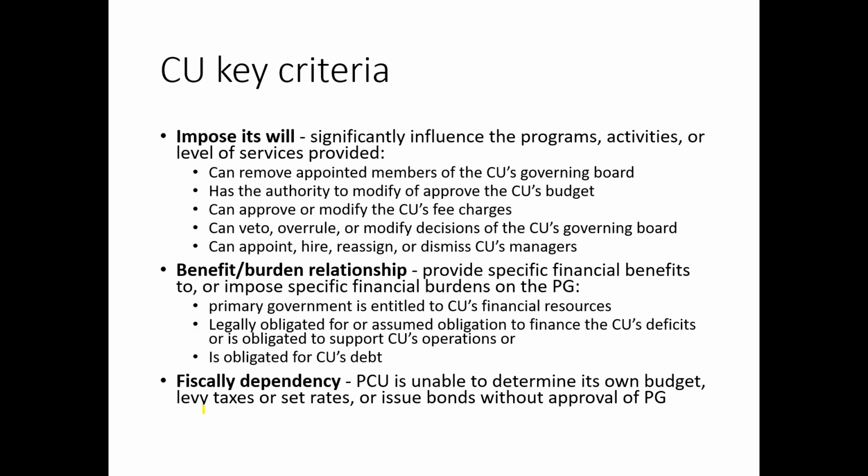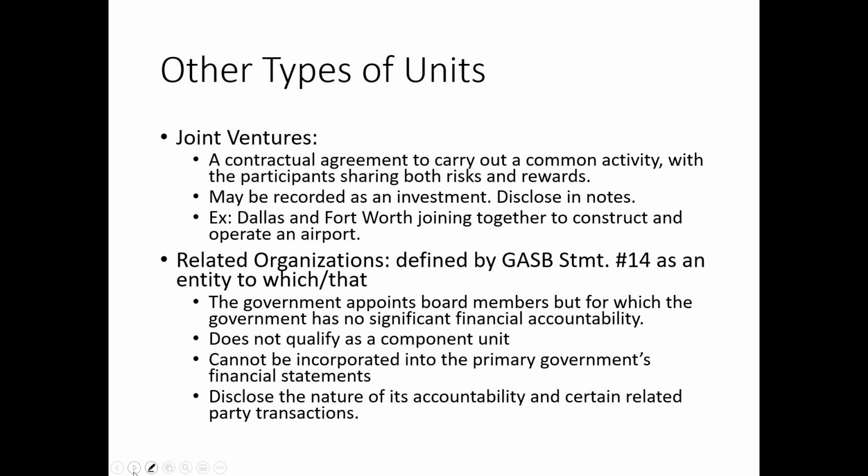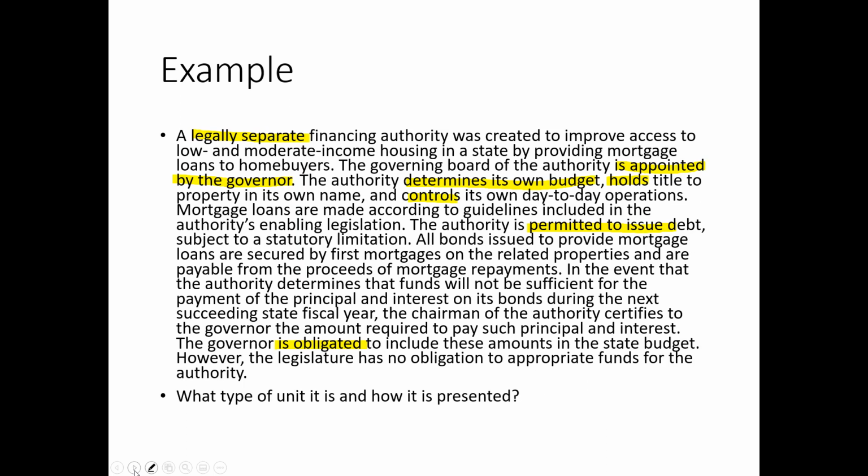Obviously, there is a benefit burden relationship, right? Because these authorities provide benefit to, basically help, the state, and the state in return is going to share the burden of this authority. So we determine that it is a component unit.